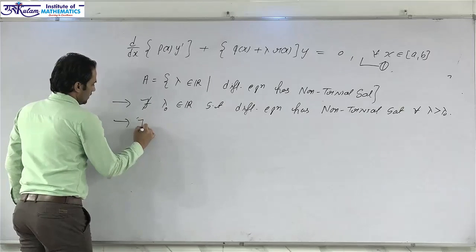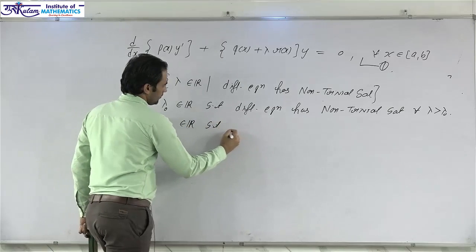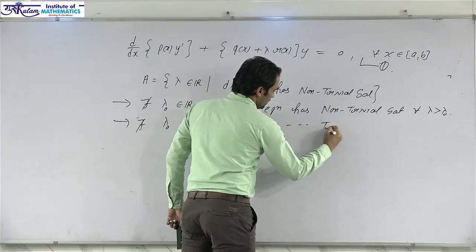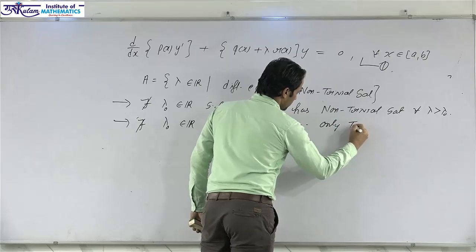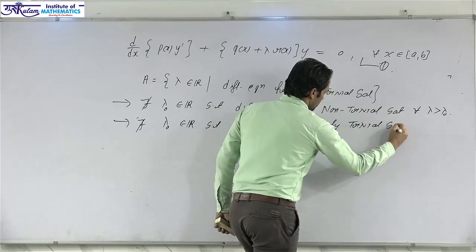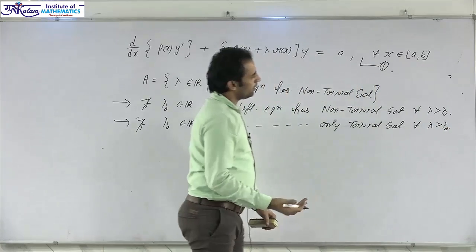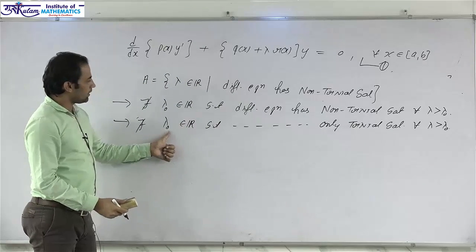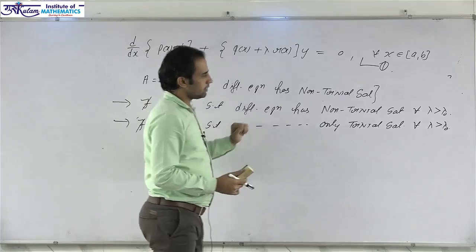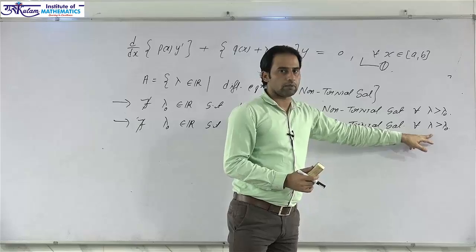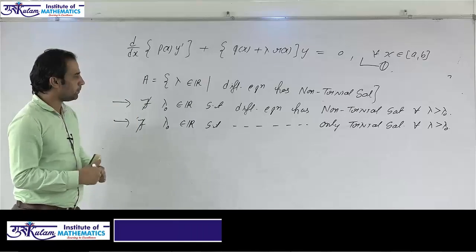Similarly, there does not exist lambda naught belongs to R such that the differential equation has only the trivial solution for all lambda greater than lambda naught. Again, if we assume that there exists such a lambda naught for which this equation has only the trivial solution, it implies the set of eigenvalues is bounded above, which is again a contradiction since this set is always unbounded above and bounded below.